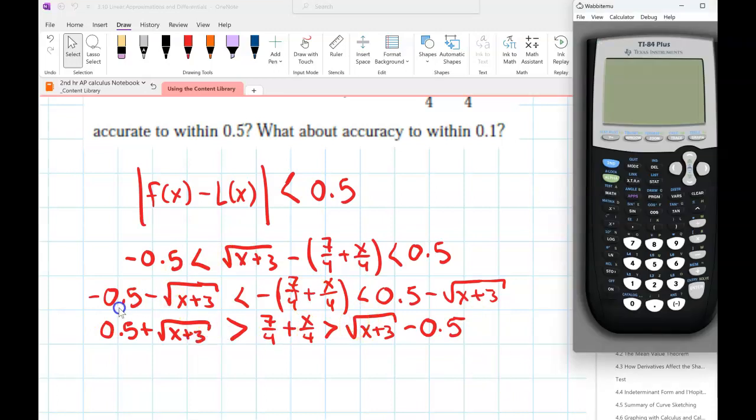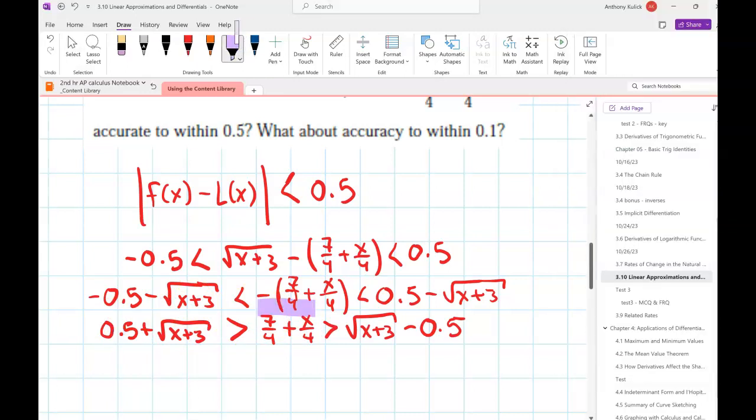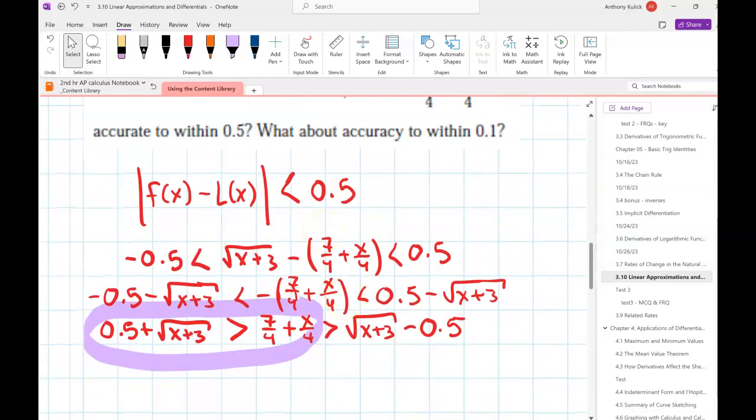And what I'm going to do now is graph these three things. Well, I'm going to probably graph them a pair at a time. Let's just graph this part first and see when this function is below that function. Okay?